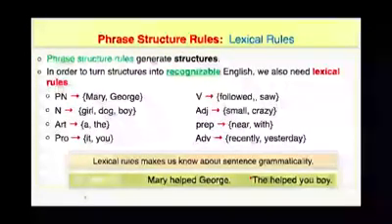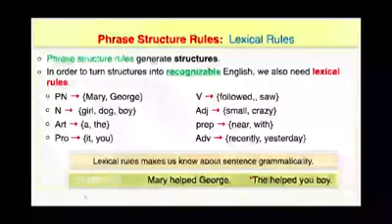Now the question we need to ask, why do we care about lexical rules in syntax? To answer this question, look at the example we have below. Mary helped George. By looking at this example, we say that it's correct, it's grammatical, and it's meaningful.